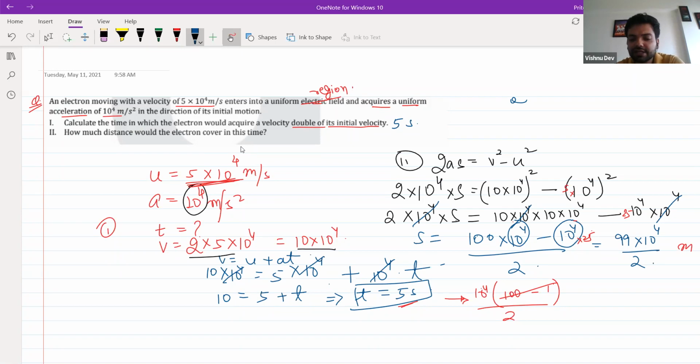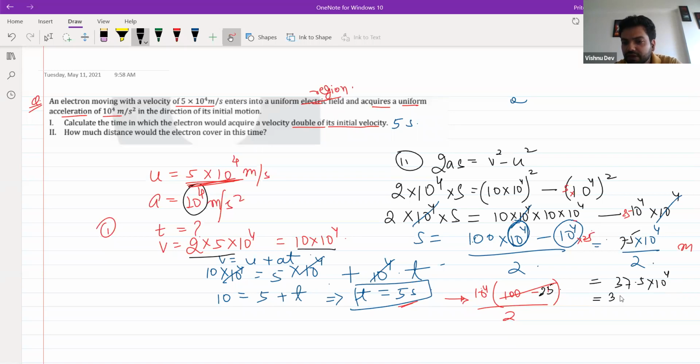If we calculate the result, let us see how much we are getting. 100 into 10 to power 4 minus 25 into 10 to power 4. Because if we take 10 to power 4 common, it will be 100 minus 25, so 75. And if we divide this by 2, how much do we get? Yes, 37.5 into 10 to power 4.